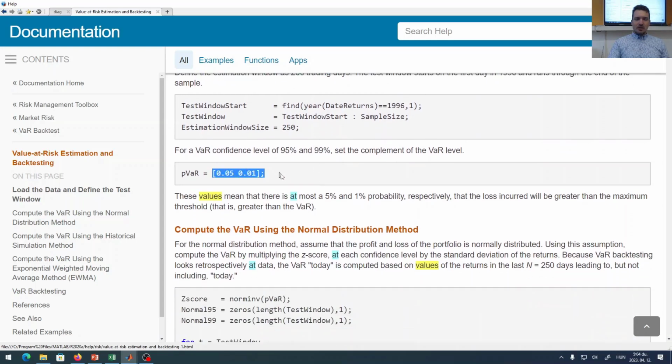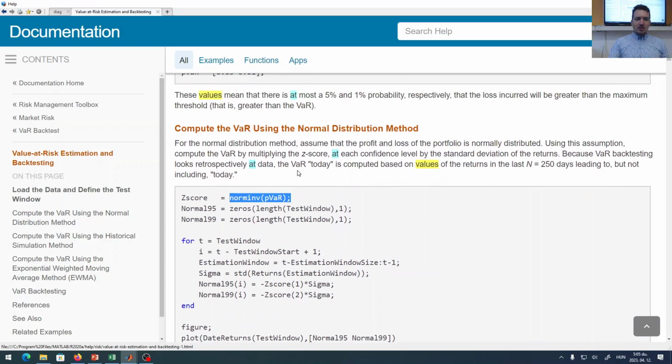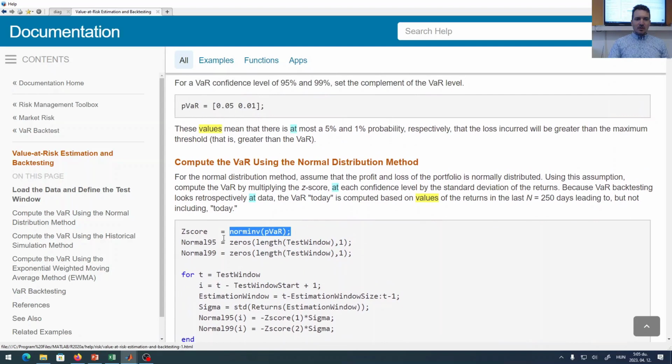Yes, we are using the same confidence intervals. Why z-score? Because z-score is standardization, and it just provides us the thresholds.